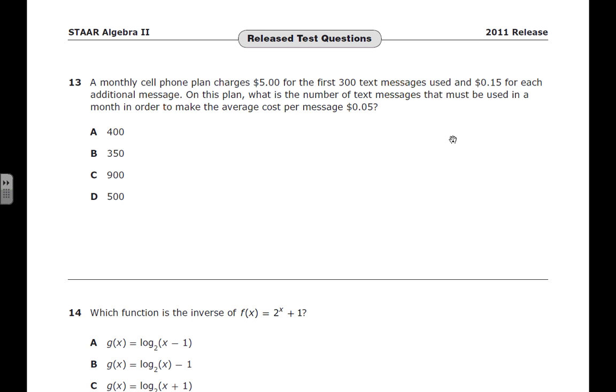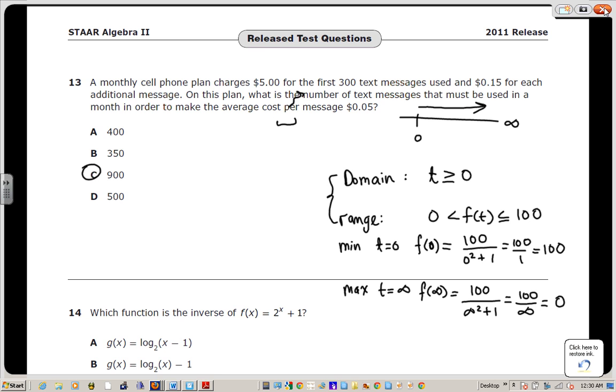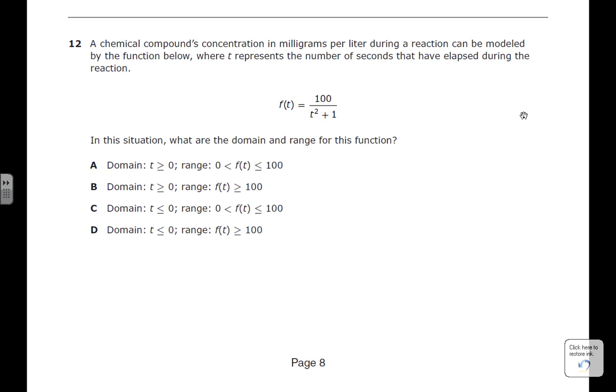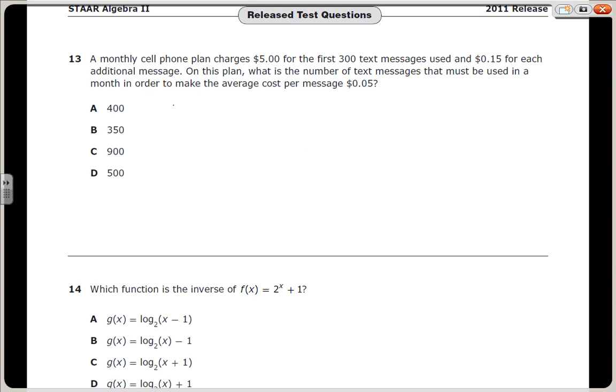Alright, so let's say, because in this case you have 300 text messages standard first, and then you have X additional. You have additional messages after 300. So I'm going to make a declaration here. Let's call the additional messages X. Let X equal the additional messages.